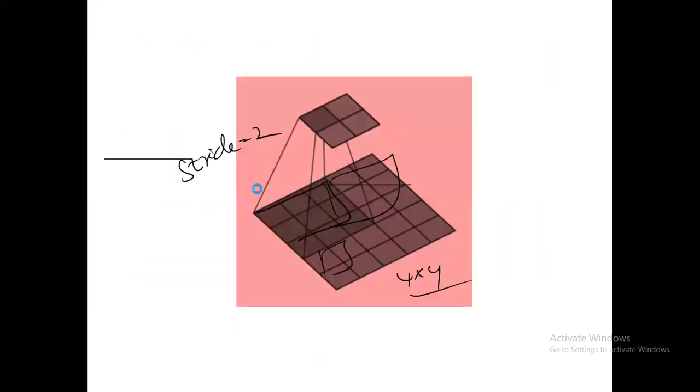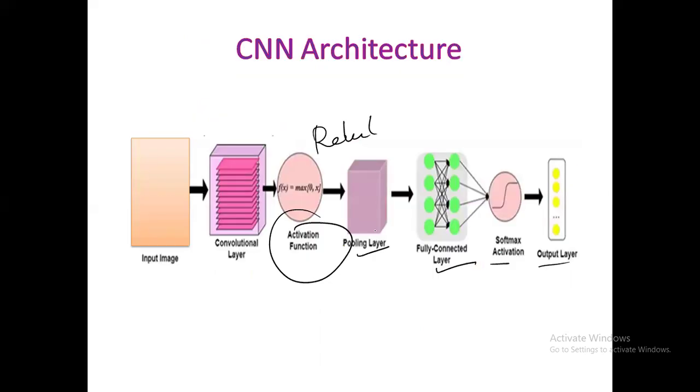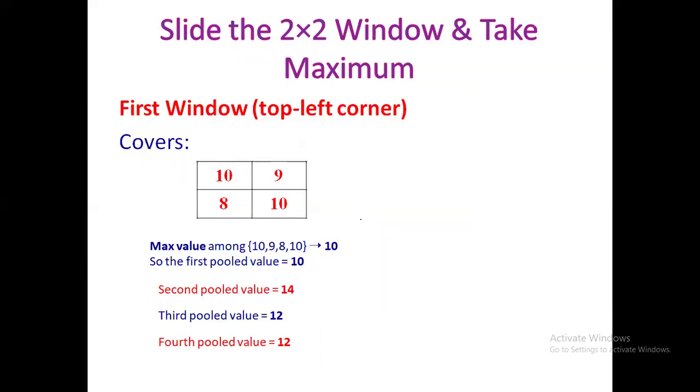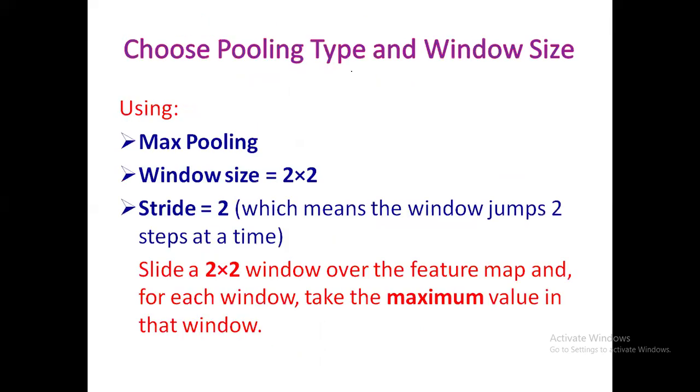Next, pooling. After the activation function, we have to apply pooling in order to reduce the size, that is, down sampling. So choose the pooling type and window size. For the pooling, we are going to choose 2 cross 2, and we have taken maximum pooling, and the stride is 2, which means the window jumps 2 steps.